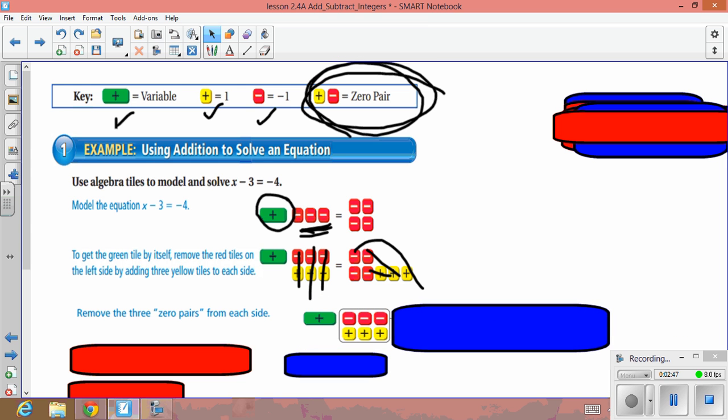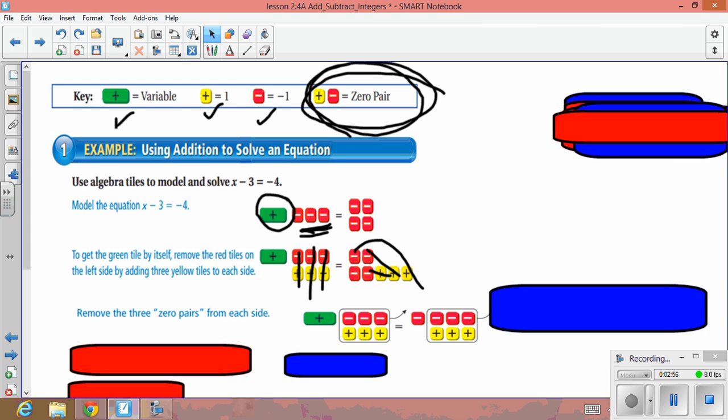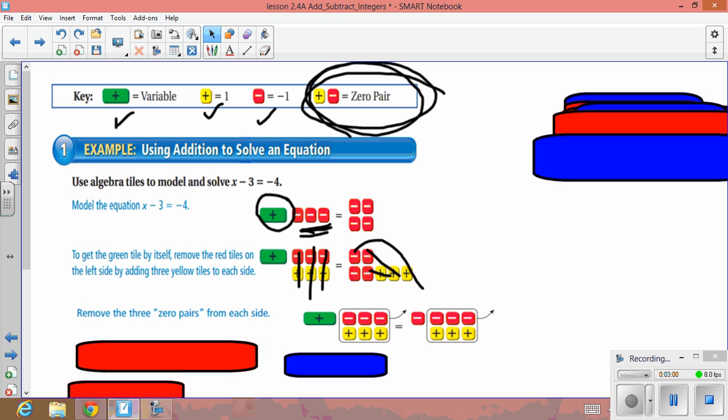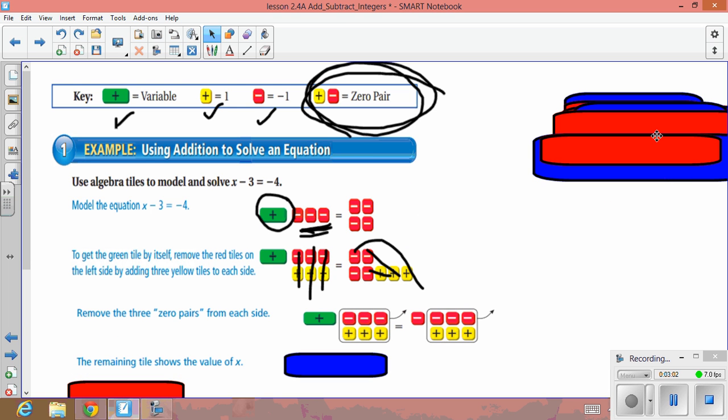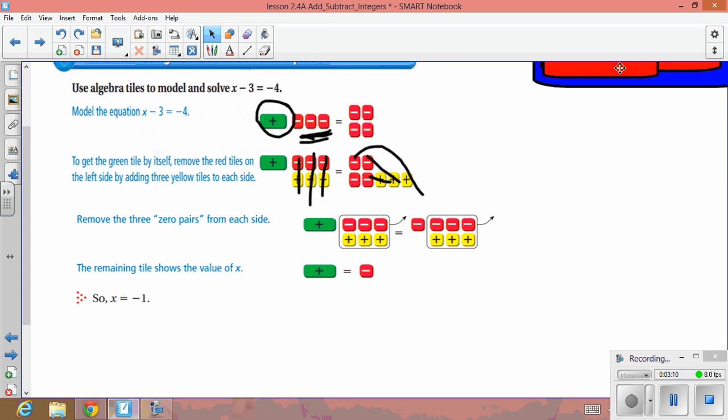So everything on the left goes away, which isolates our variable. Isolates means to leave alone. And on the right side, we lose those 3 sets. So that means the remaining tile shows the value for x, which means our solution for x is -1.